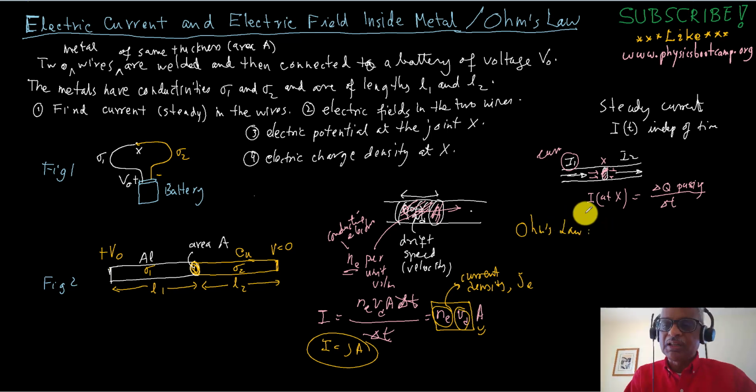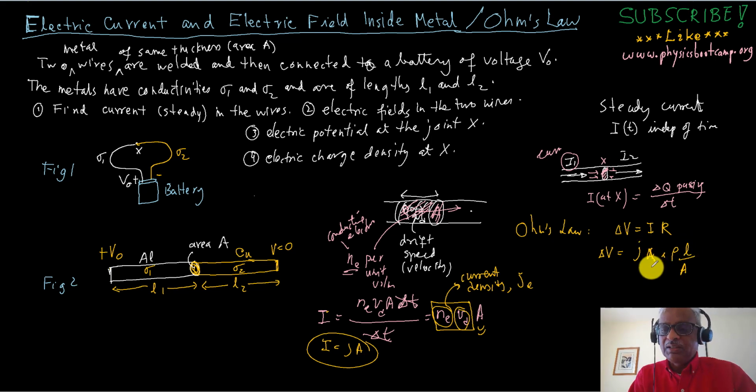You probably know Ohm's law as the voltage drop equals current times the resistance. V equals IR, right? If you think not in terms of I, but in terms of J, then the voltage drop is equal to the current times A, and the resistance will be some resistivity times the length of the wire over the area of cross section.